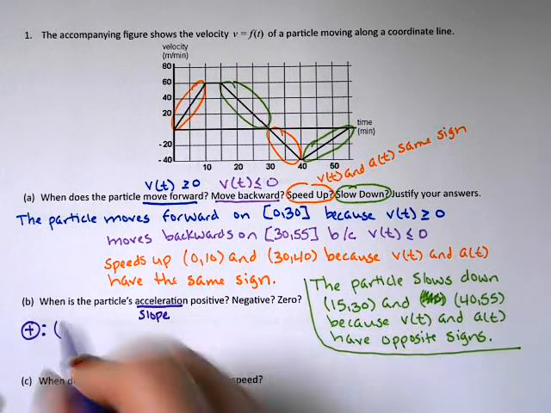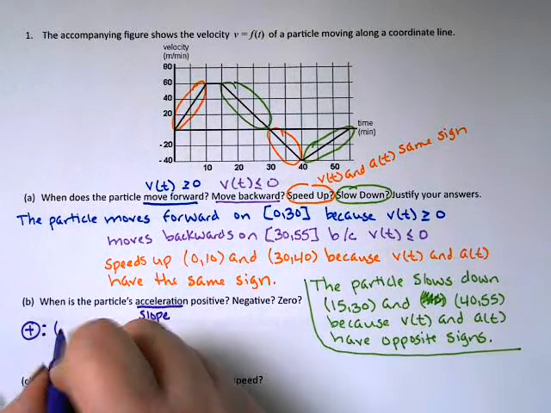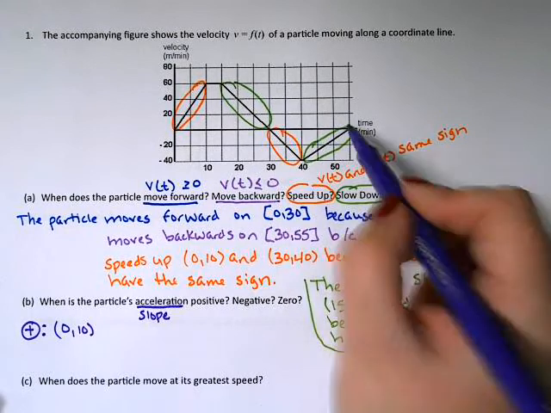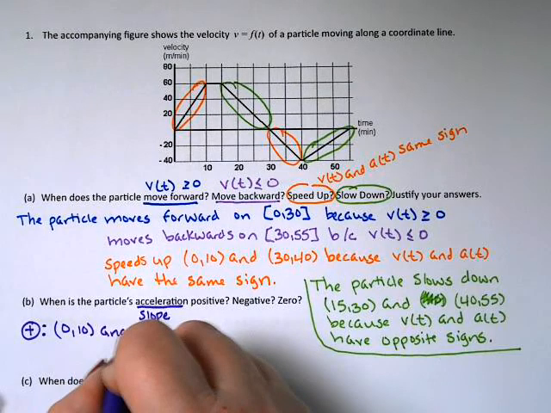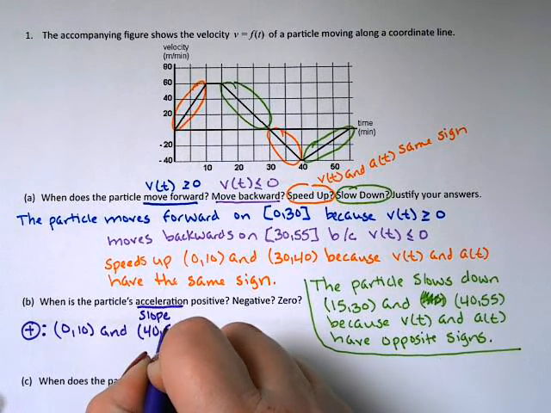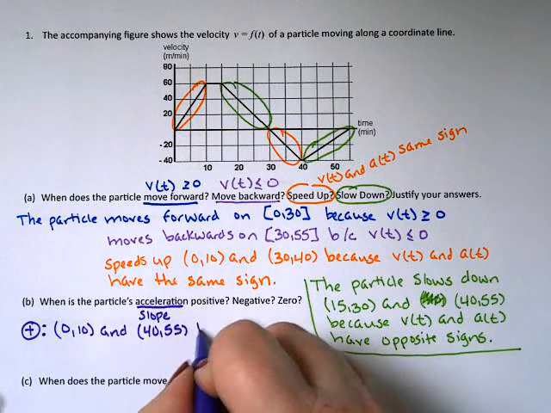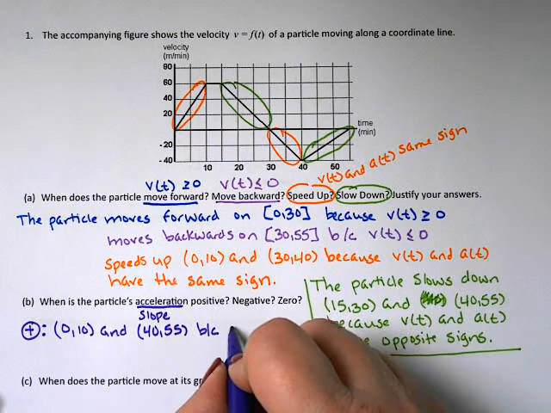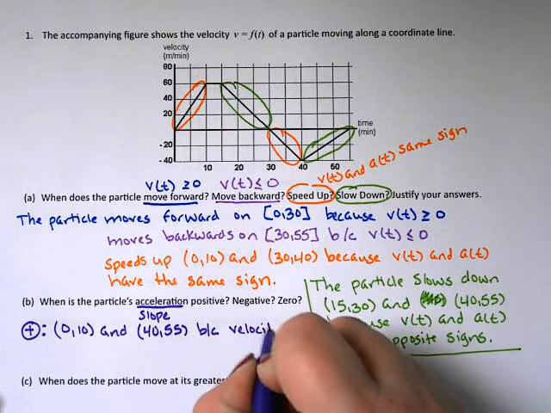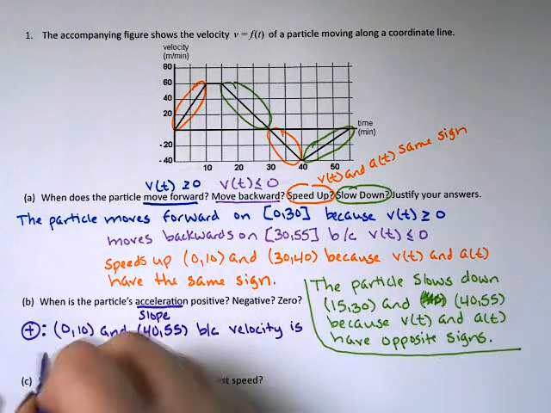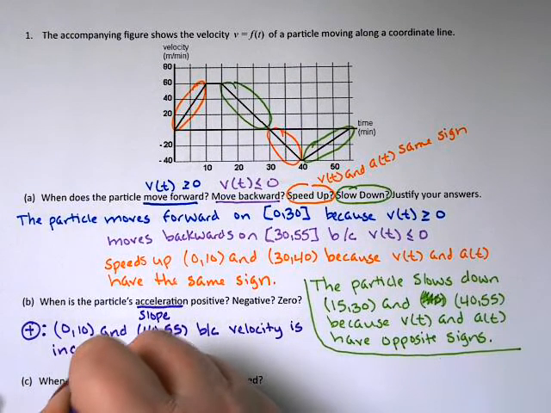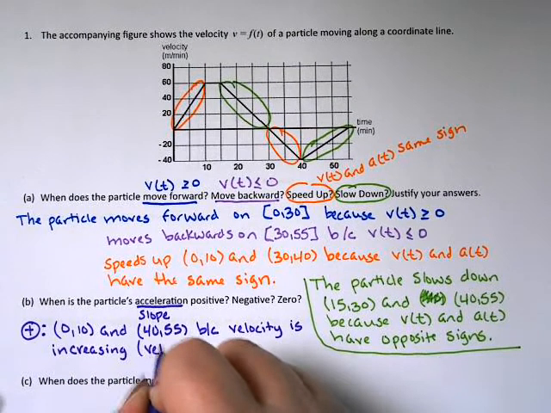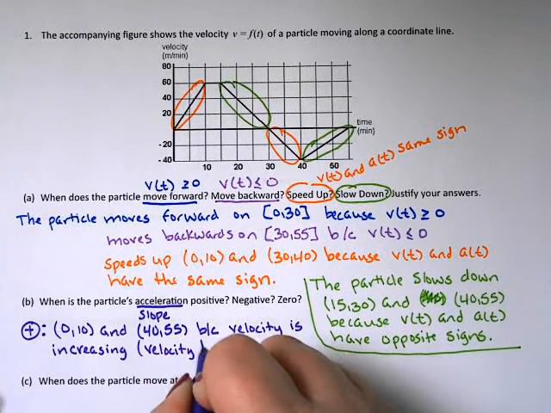We have a positive slope from 0 to 10, and from 40 to 55, because the velocity is increasing. Or in other words, the velocity has a positive slope.